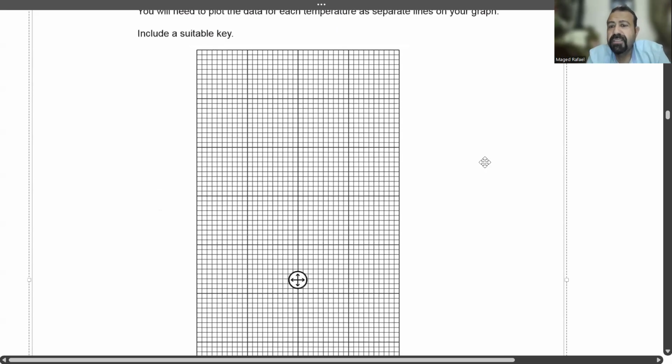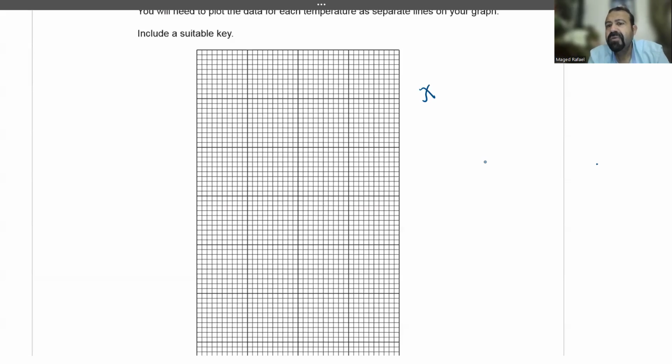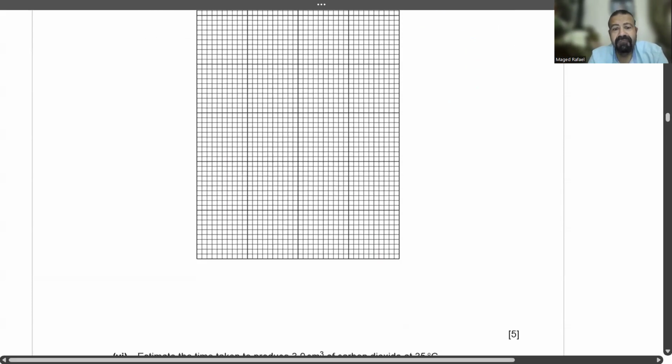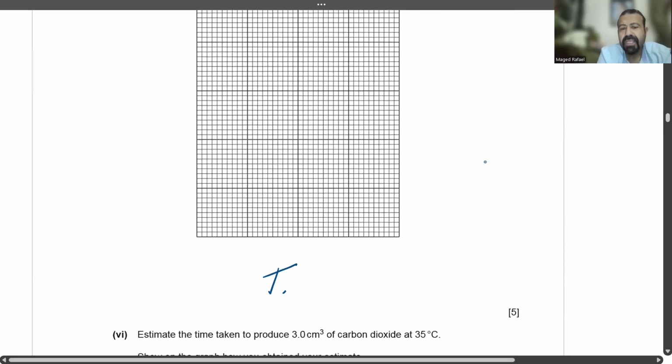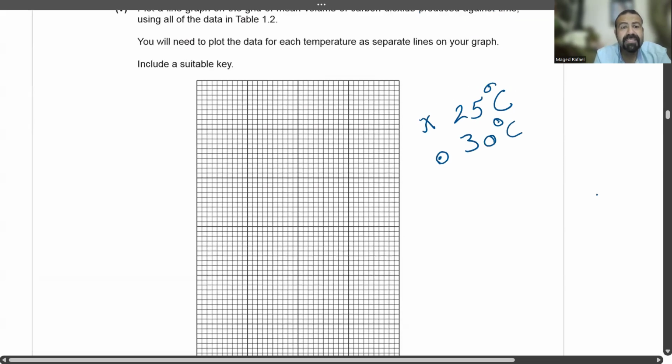So I should put the key. Please don't forget this. For example, I will use X for 25 degrees Celsius to plot the points of 25 degrees Celsius, and I will use the dot for all of the points of 30 degrees Celsius. Regarding axes, for the x-axis, we will write time per minute, and for the y-axis, we will write the volume, and we will just copy this from the table.